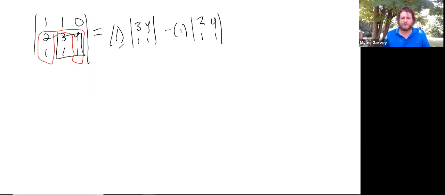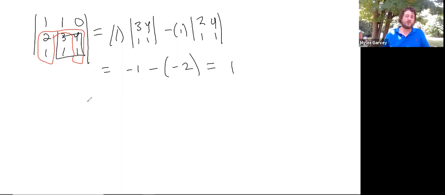And then we have 0 times whatever. 3 minus 4 is minus 1, minus 1 times whatever this is, 2 minus 4 is minus 2, which of course we get just 1. So there you have it. That's the determinant of that. What about bigger matrices?